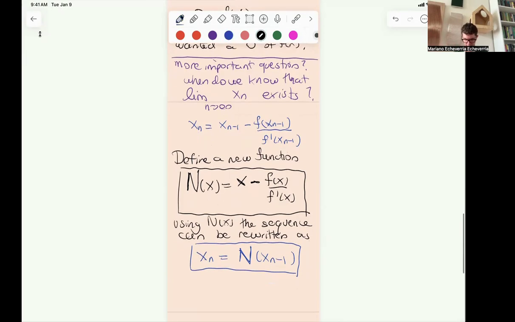Okay, so this is the same sequence one would use to find a fixed point of n. That's the important thing. It's not a fixed point of the function f that I started with, but rather of this weird function.